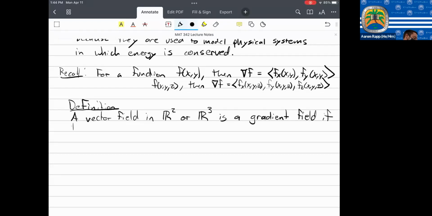if there exists a scalar function f such that the gradient of this little f is equal to that vector field.